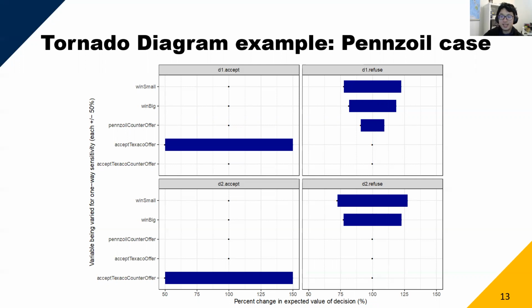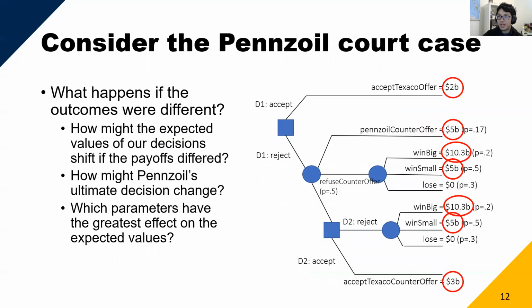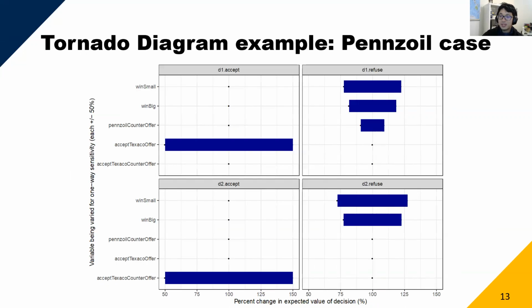It kind of makes sense actually if I go back, right? So that's these guys. These are the two values that aren't affected by other probabilities.